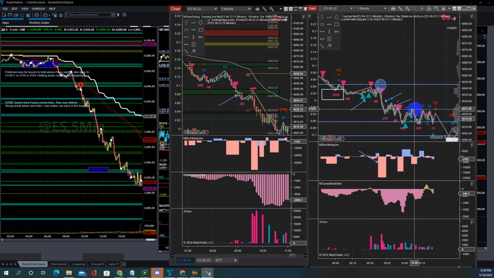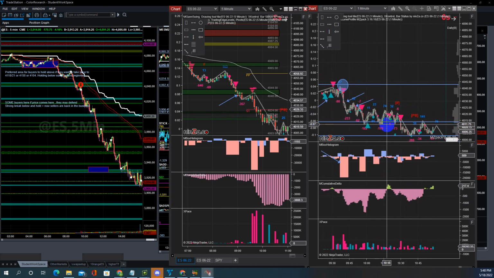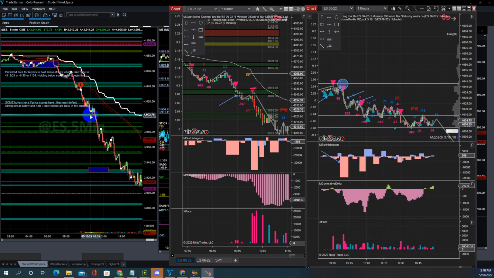Then you expect price to go down to 4,000, and you tighten up your stop, which is this 4,000 level, and you can see price try to hold it.